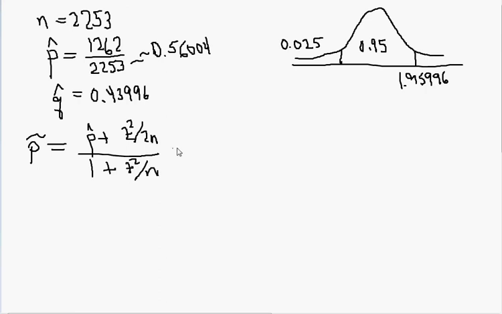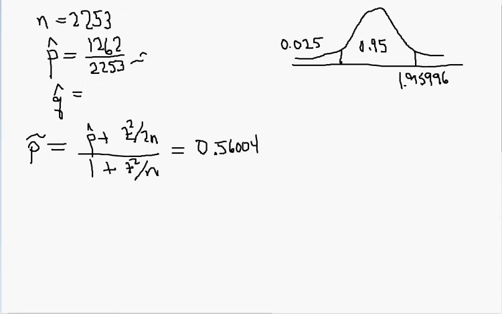And then we plug this into the calculator very carefully, and once again we get 0.56004. And as I'm writing this down, I realize that I miswrote up here. So let me correct this up here.